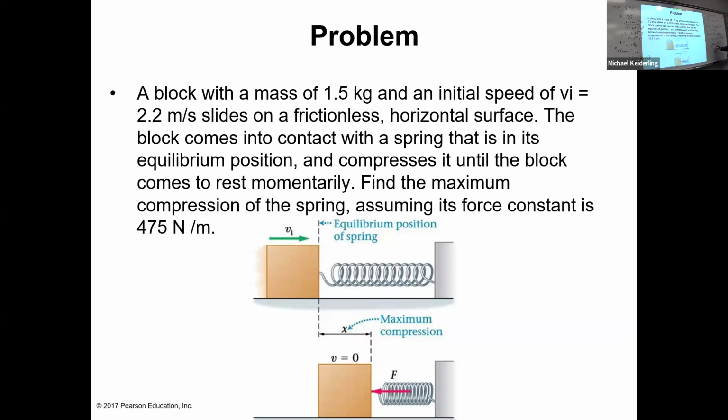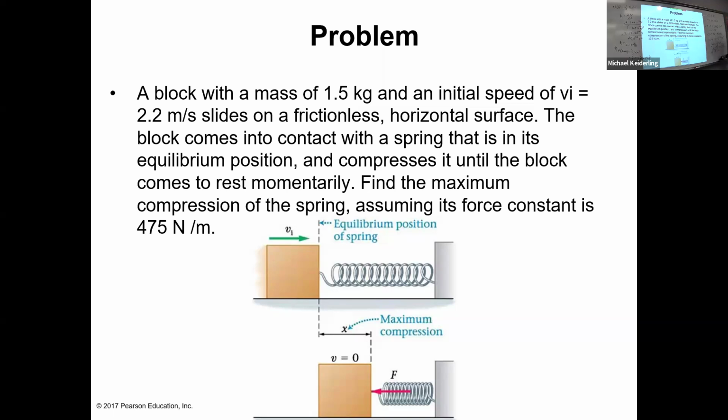X squared equals mv squared over k. So x equals square root of mv squared over k. X equals square root of mass is 1.5 kilograms times 2.2.